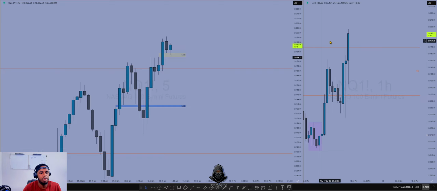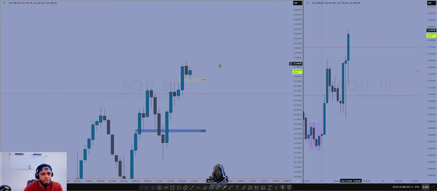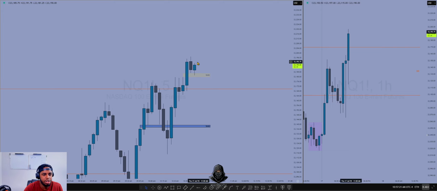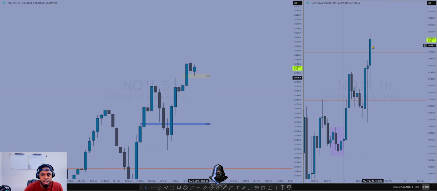Yeah, so we got that floor here. See how price can push up that floor. We see that consolidation up there that price can probably go to, or potentially go to, because we're still in this expansion, but it's kind of closing in 2 minutes.